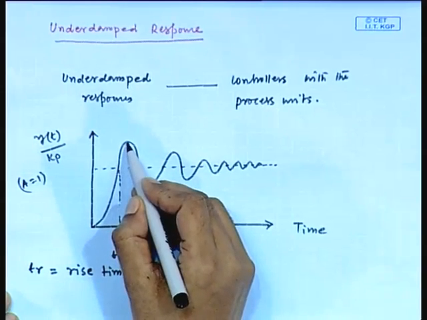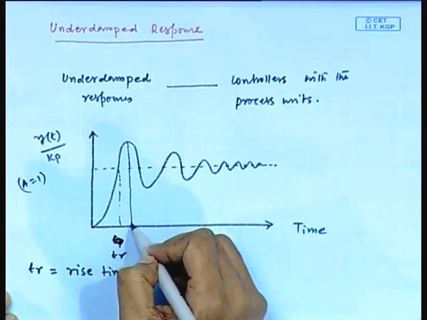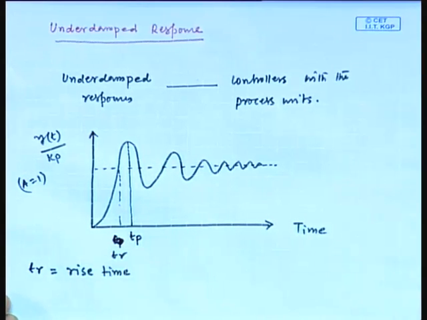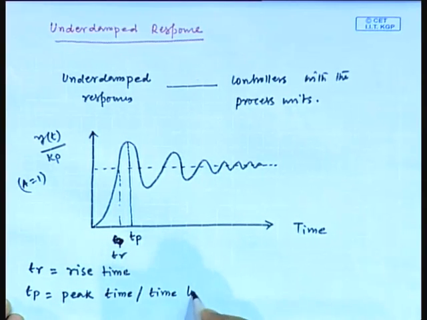This is the first maximum peak. The corresponding time is T p, that is peak time or time to first peak.